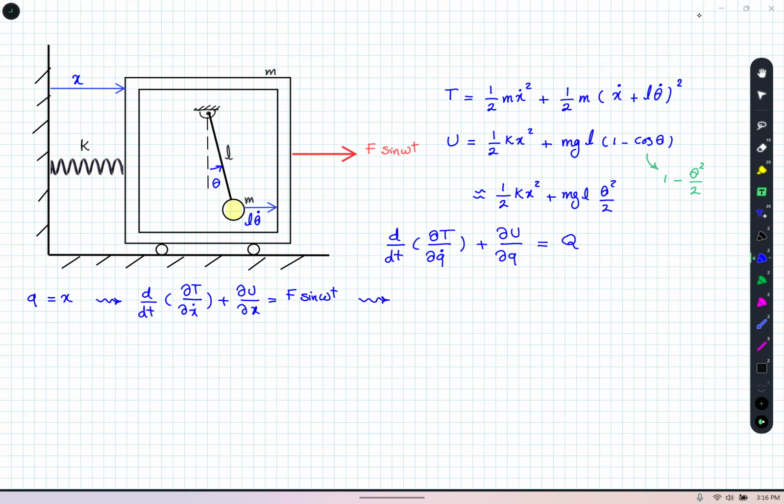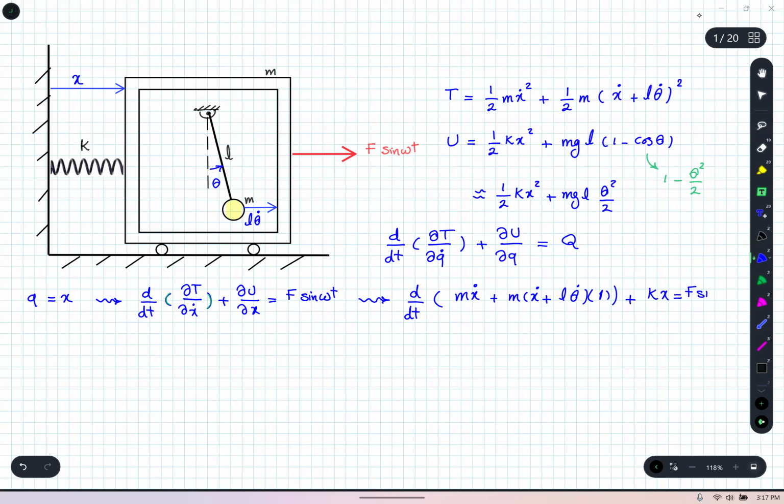Let's do the derivative once. d/dt. So first I try to do the derivative inside the bracket. The derivative of T with respect to x dot is going to give me m x dot plus m L theta dot, and the derivative of x dot will be just 1. And U with respect to x gives kx, and here I just have F sine omega t.